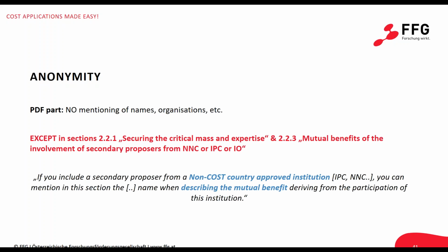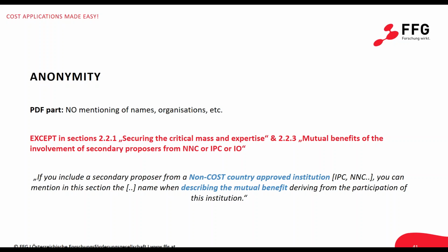Those of you who answered no are surely the ones who know that cost proposals have to be anonymous, and that's in general right. So it's important to write them entirely anonymous, but there is this one exception. In general, in your PDF part, don't mention any names or organizations of partners that are involved in the proposal, in the network.